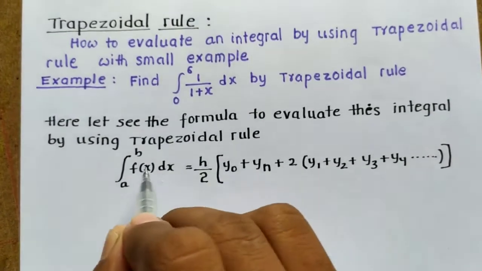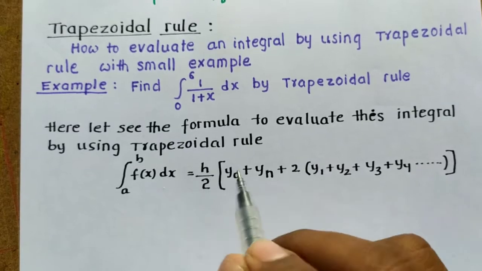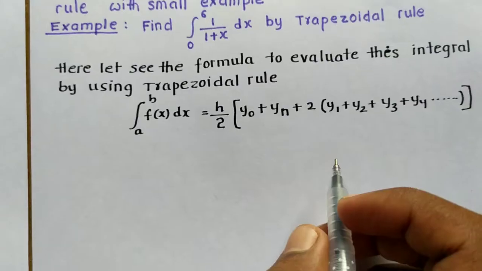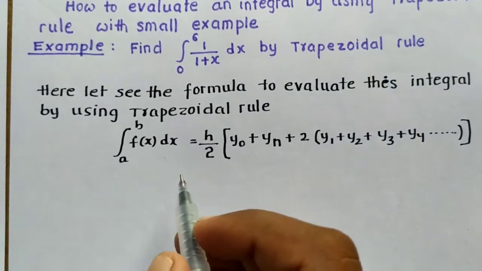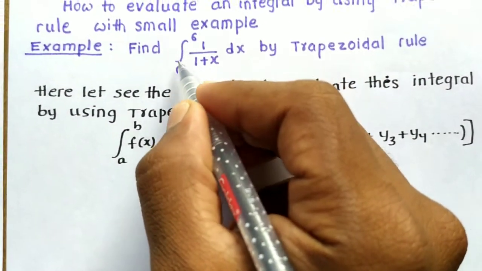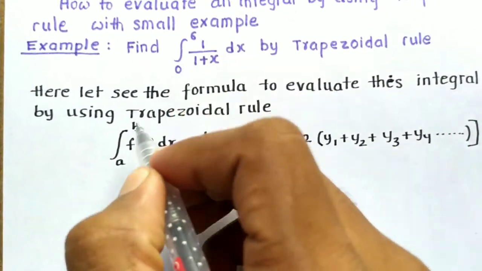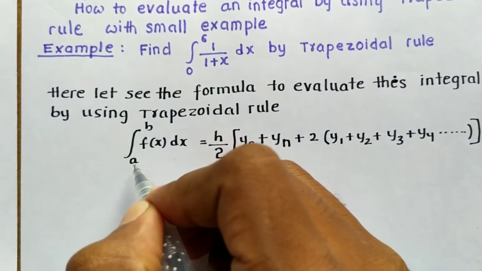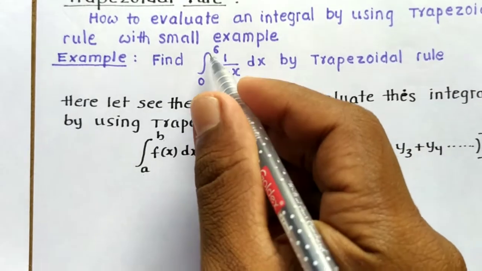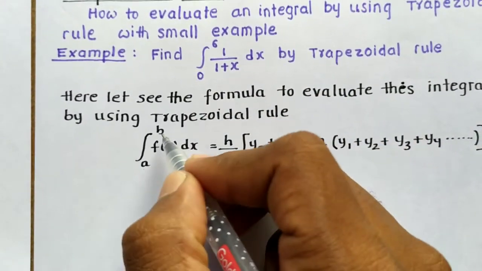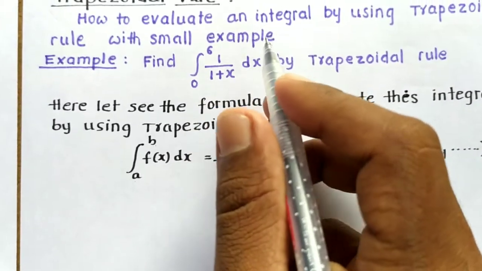This is the formula to evaluate the given integral. Here the integral is from a to b, where the values of a and b are given, and the function f of x is 1 by 1 plus x.